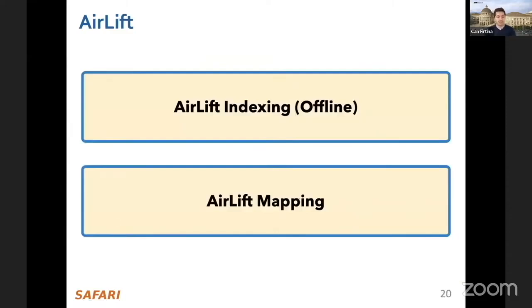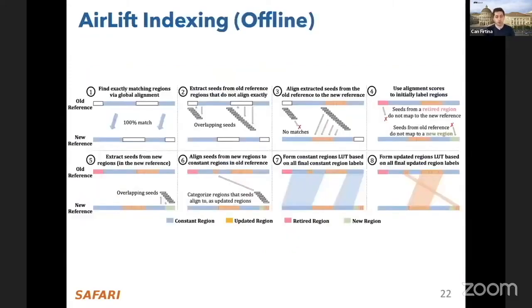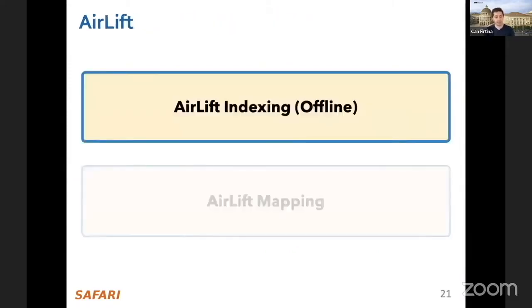First step is AirLift indexing, which is an offline step. It is done only once, whenever there is a new version of the reference genome, to move from the old reference to a new reference genome. And the second step is AirLift mapping, where we map the reads by looking at the indexing information that we generate. So I'll go over the first step, which is the indexing step, now.